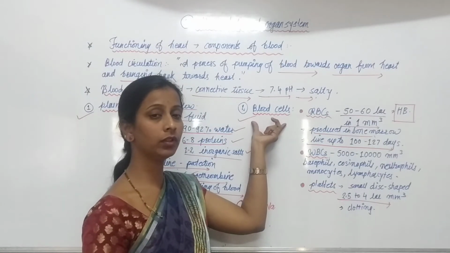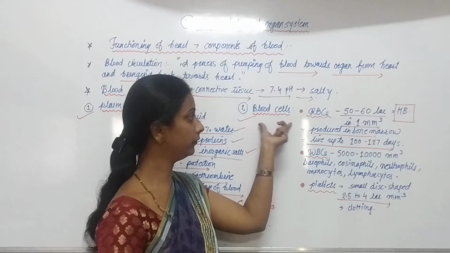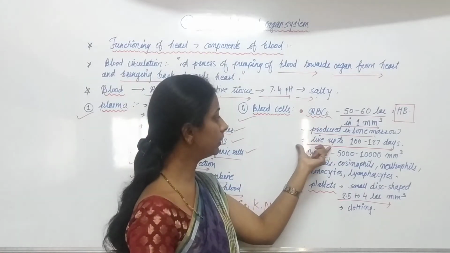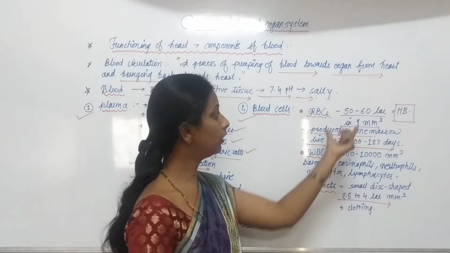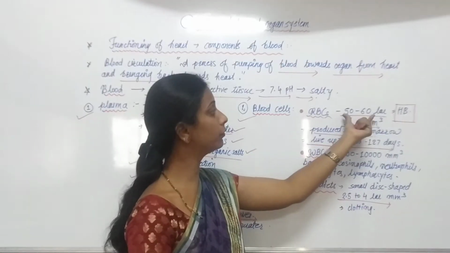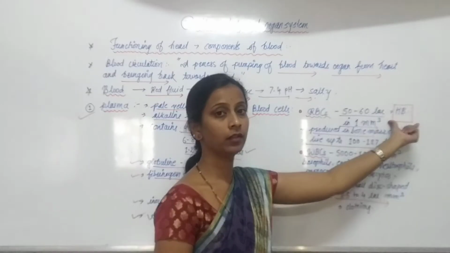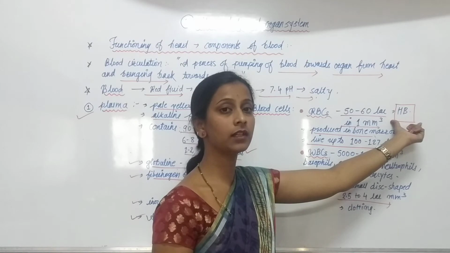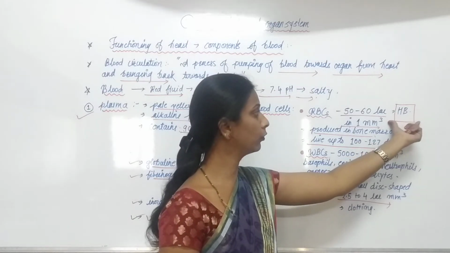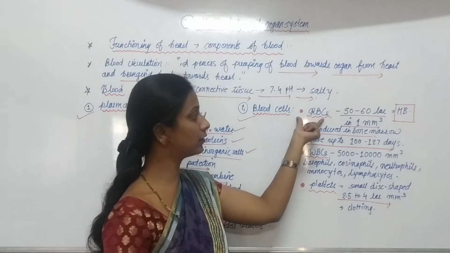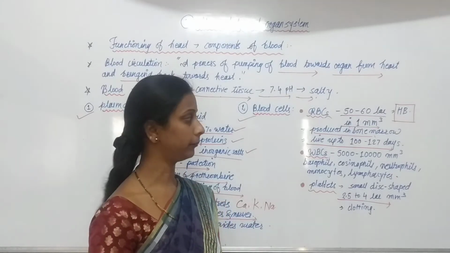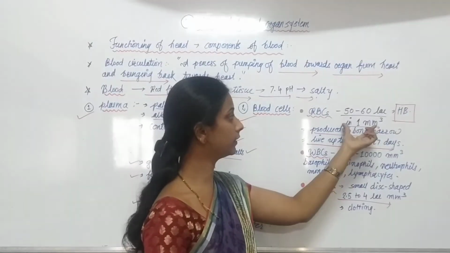The second component of blood is blood cells: RBCs, WBCs, and platelets. Now, the number of RBCs is 50 to 60 lakh. It contains a protein called hemoglobin. Okay. Hemoglobin, and due to this hemoglobin, RBC has a deep red color.